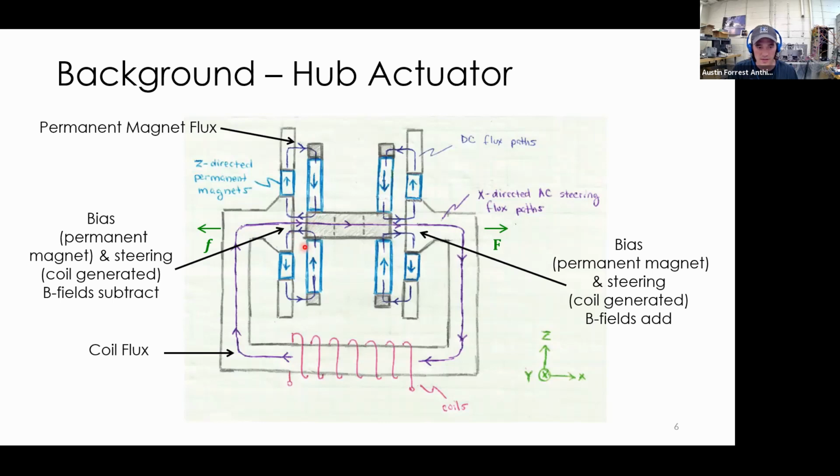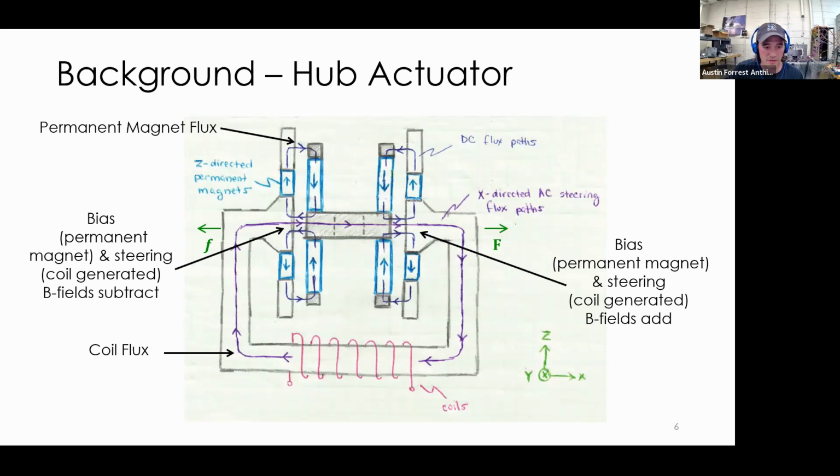So you can see here, the net contribution is lower flux here and higher flux here. That flux difference creates a force, and the force is proportional to the difference of the squares of the fluxes. Because of that squared value, if you bias the air gap, you can get higher force density as opposed to a Lorentz actuator.